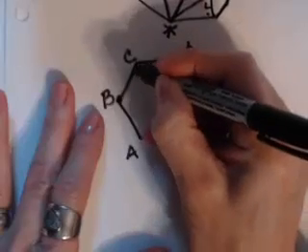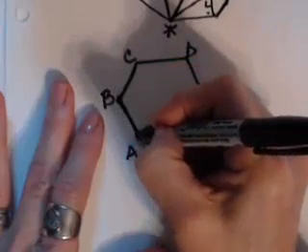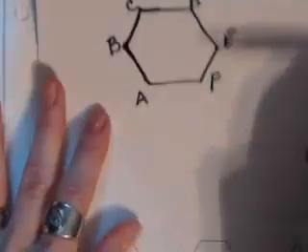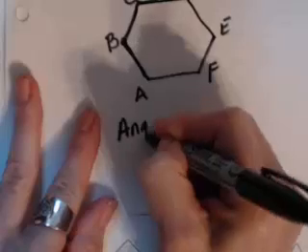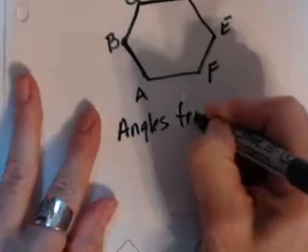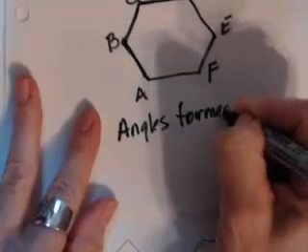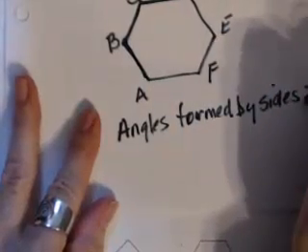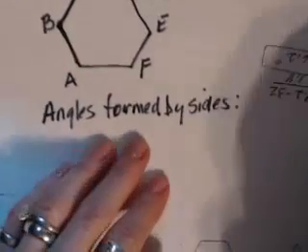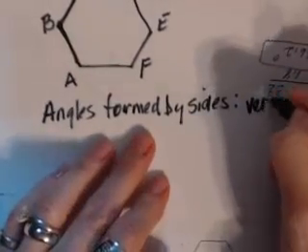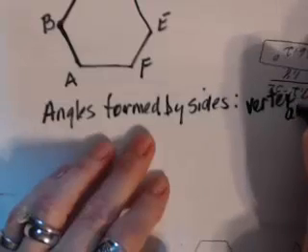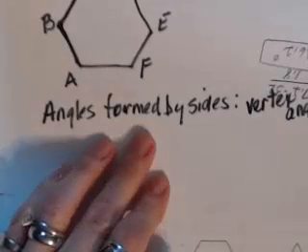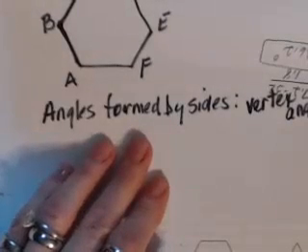The angles that are formed by the sides, those are called vertex angles. And that's what we've been finding, the measure of each vertex angle.